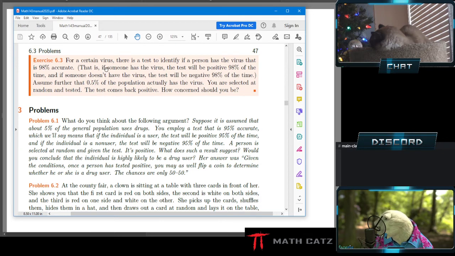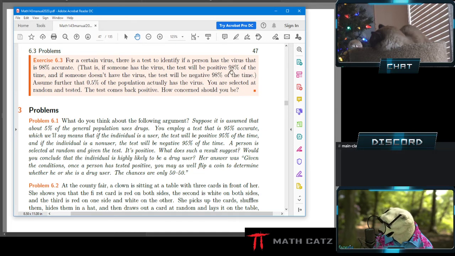For a certain virus, there is a test to identify if a person has the virus, an unknown virus, nothing relevant to today's situation. The test is 98% accurate. What does that mean? It means that if someone has the virus, the test will say positive, you have it, 98% of the time.